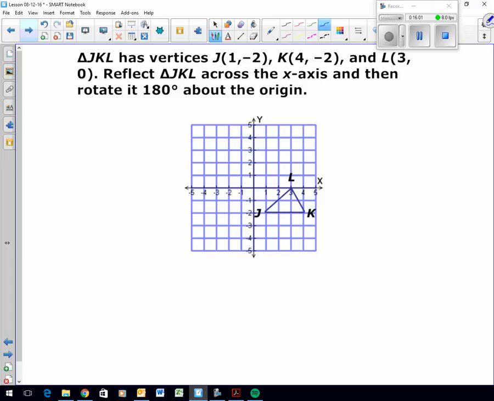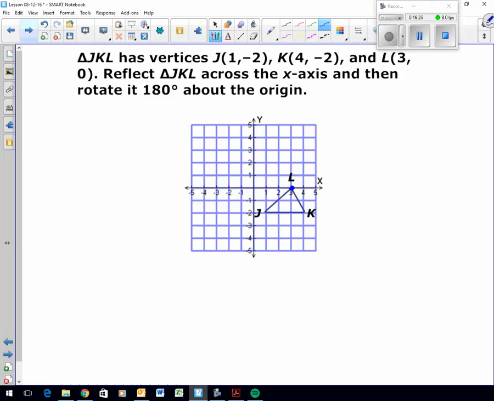Reflect JKL across the x-axis. Point L is at (3, 0). The x values will stay the same. The y values flip from negative to positive, the opposite of the y value. The opposite of 0 is still 0, so it stays the same. Point J was at (1, -2).